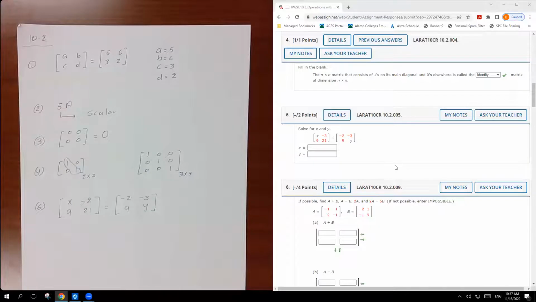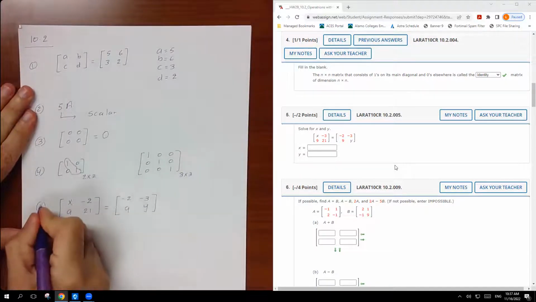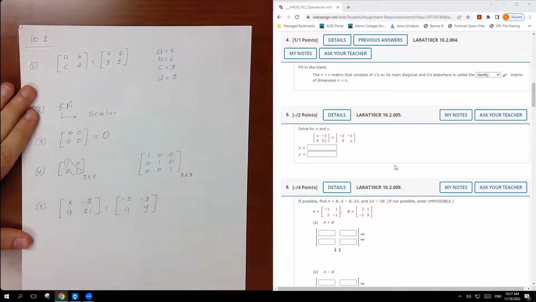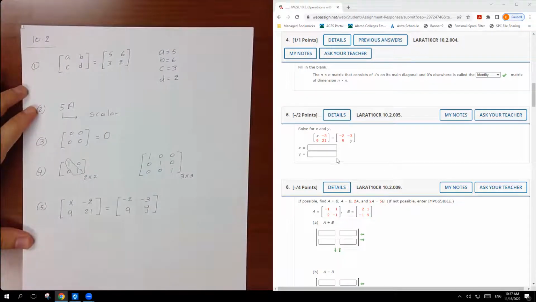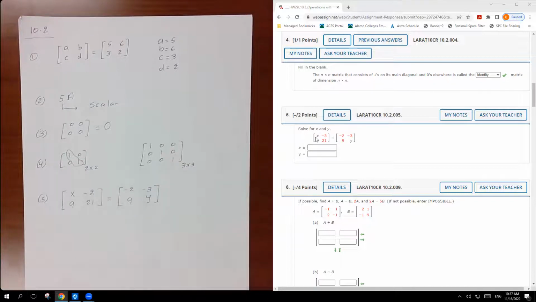For example 5, sorry, this is example 5, not 6. They're telling you to solve for x and y. We need to find the value of x and the value of y. If we look here, we have two equal matrices. It means they have equal entries.